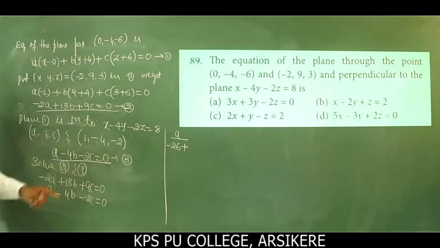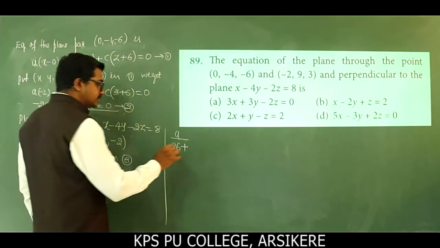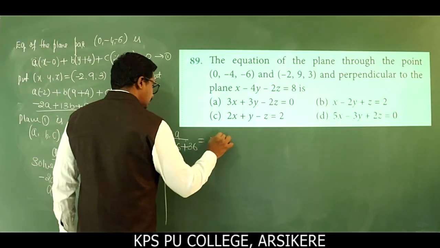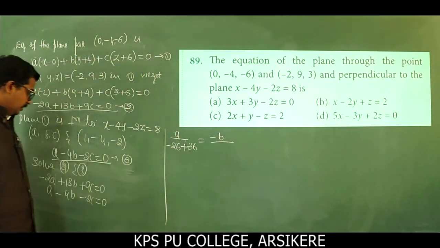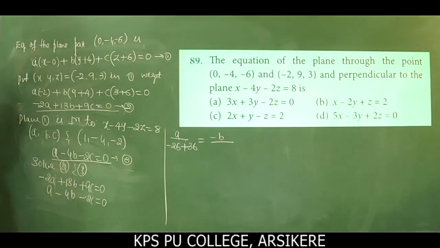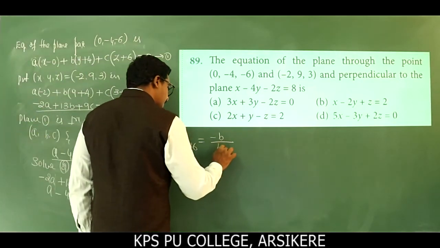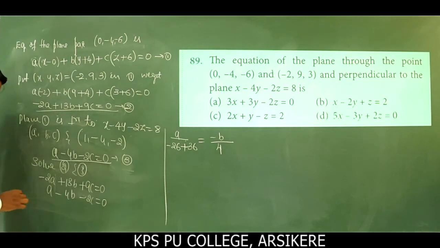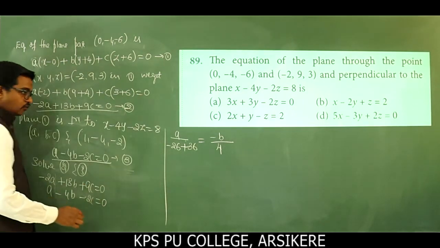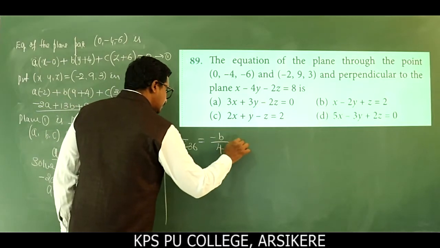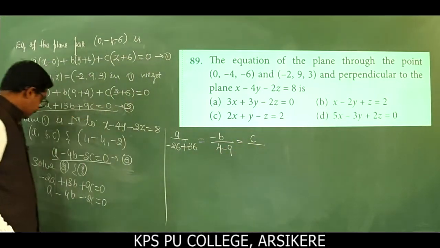Minus into minus 6 plus 4 times 9, that is 36, is equal to, we have to take the negative for b, neglecting the b values in both equations. Minus 2 into minus 2 is 4, and 1 into 9, minus 9, is equal to c divided by the last one.